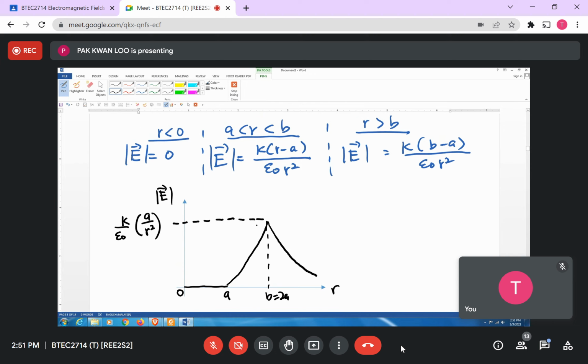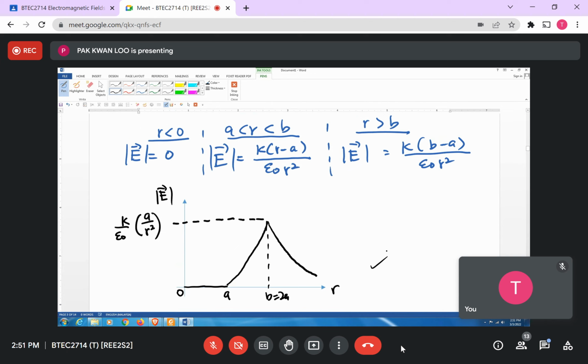That means the variation of the magnitude of E is 1 over r squared, so it's going to get smaller as r increases.